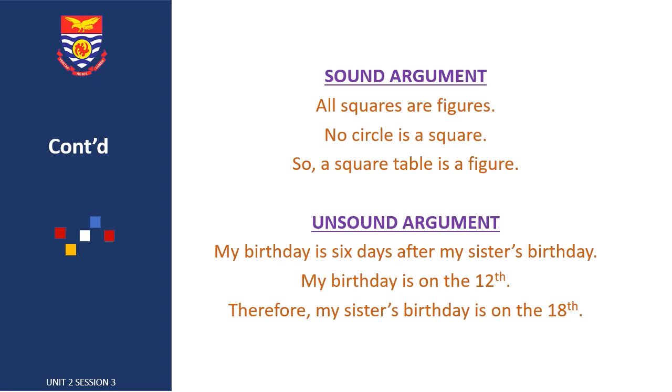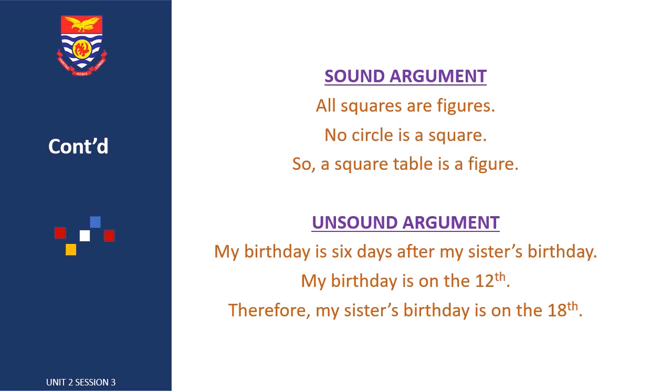On the other hand, we have an example for an unsound argument, which says: my birthday is 6 days after my sister's birthday. My birthday is on the 12th. Therefore, my sister's birthday is on the 18th.